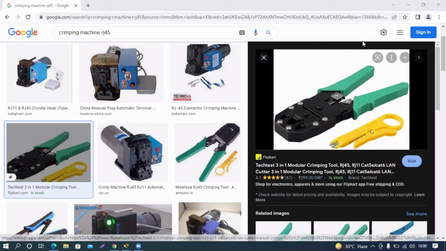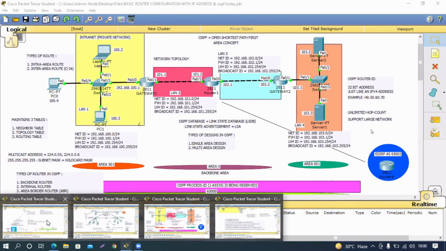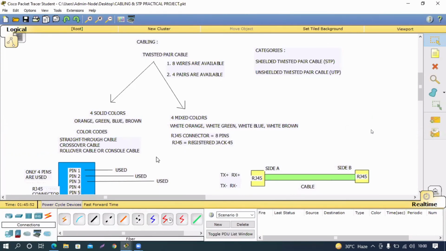It is almost time to end the session. Sir, just one question. In our interview, can they ask us to configure the topology? No, no. Sir, up to what level do we have to prepare for the interview? Theoretically, you have to prepare yourself.